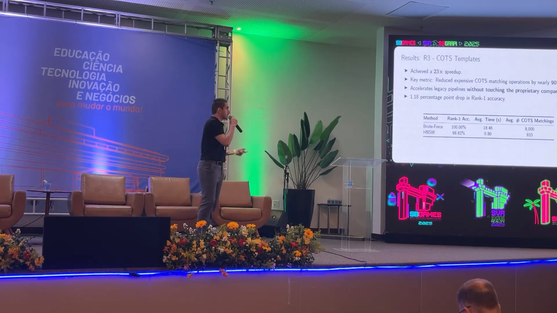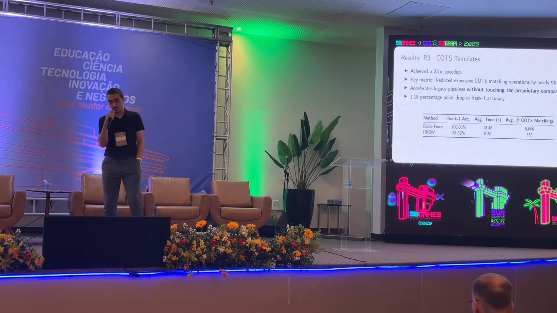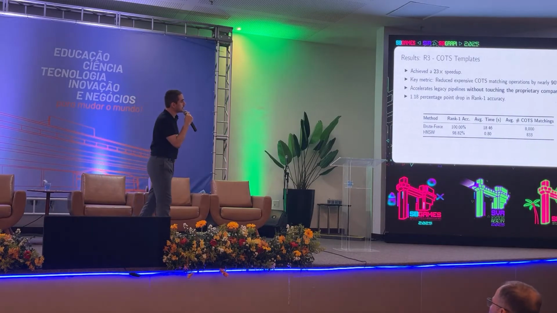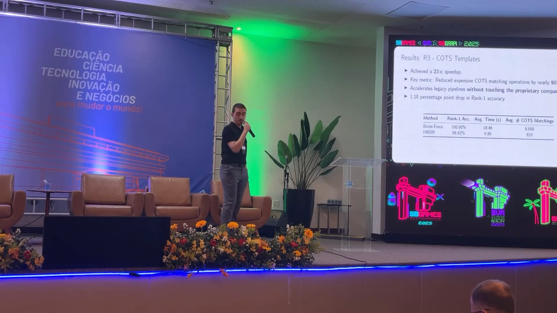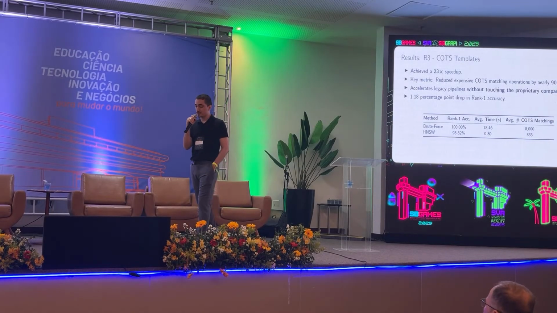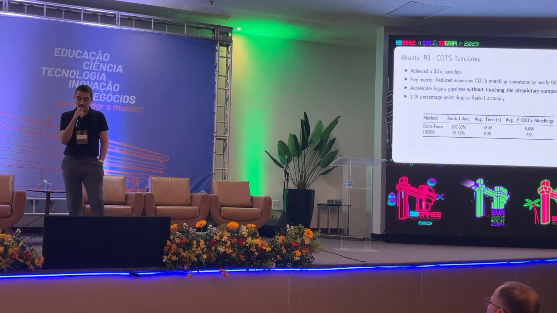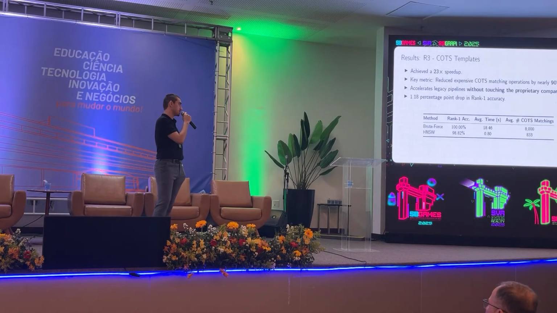And here is the last case, the commercial off-the-shelf templates. Here we don't have access to the methods, but even still we can achieve a speedup of 23 times. Here the key metric is the reduced expensive comparator operations. We cut the total comparator calls by nearly 90%.